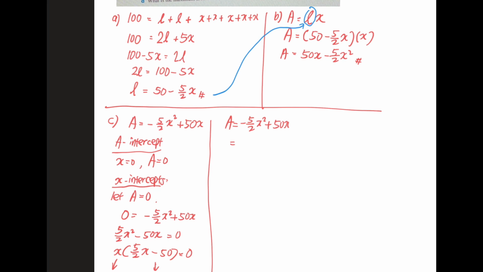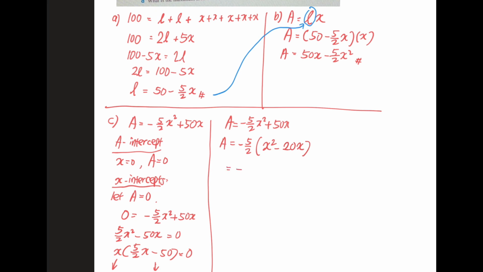So I'm going to factorize minus 5 over 2, then I will have x squared for the first term. For the second term, we just take 50 divided by negative 5 over 2 to see what remains. So 50 divided by negative 5 over 2, I get negative 20, so negative 20x. After factorizing, I get this.